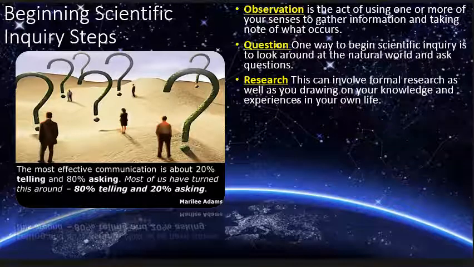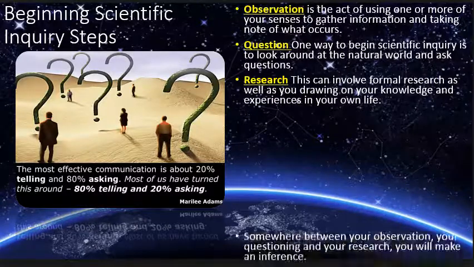And then the research, and this can be just research like you looking in your memory and going, the last time I was here in Winn-Dixie, I smelled bread baking, and today I smell something sweeter baking, or whatever it is. It can be formal, you can go online, you can go to a library, whatever kind of research you need to become more informed about the topic.